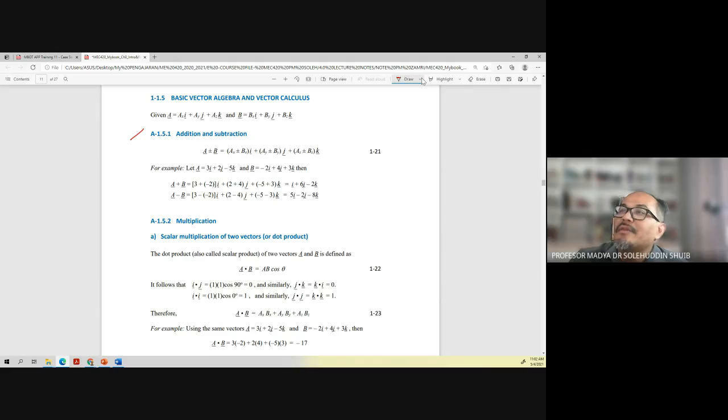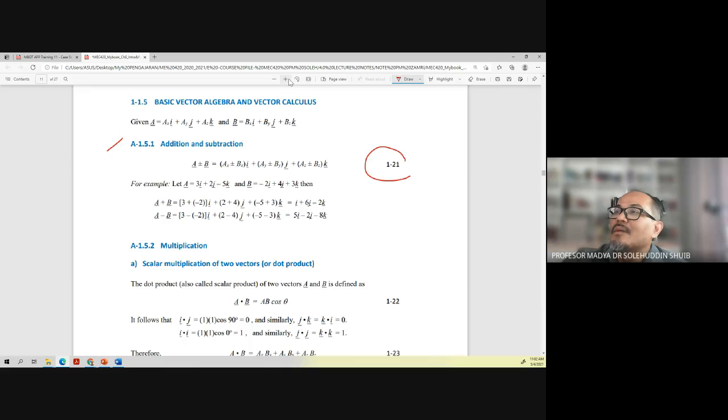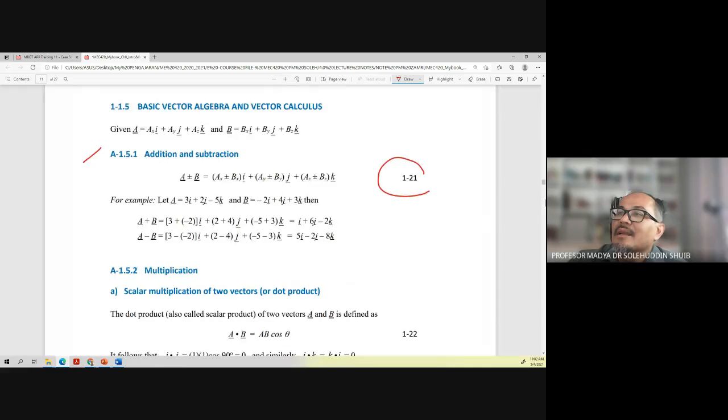I think vector addition and subtraction is straightforward. It's not that complicated. You simply do the addition by using this form, equation 1.21.